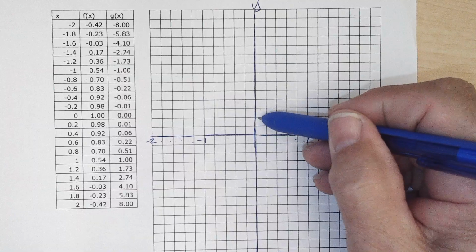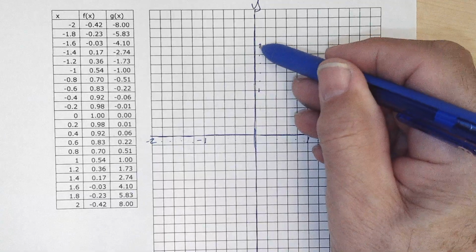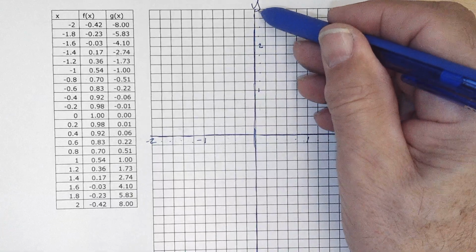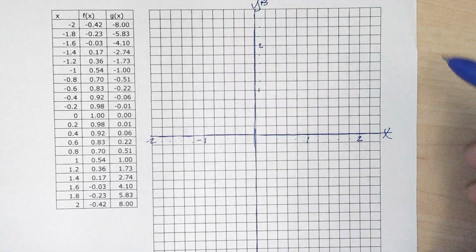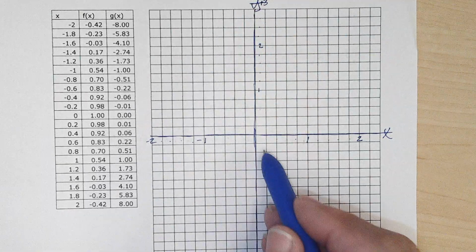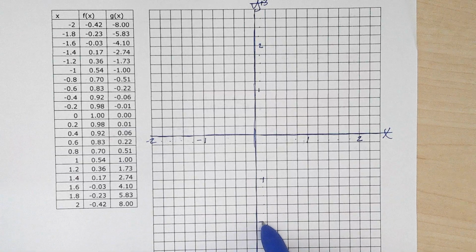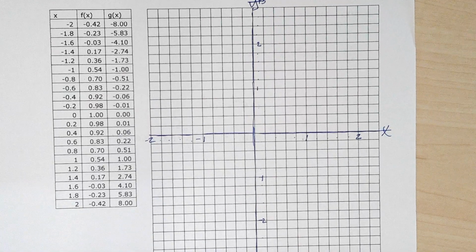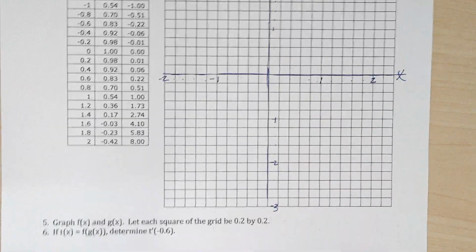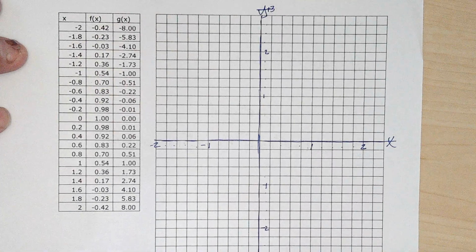And 3 would be up here at this height. Minus 3 is down there. Didn't get it quite centered, but that's what we're going to try to graph. And some of this is going to go off graph, but that's okay.